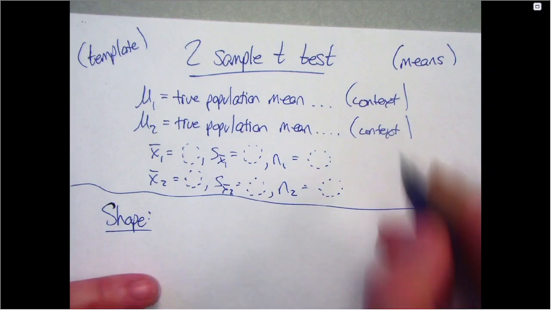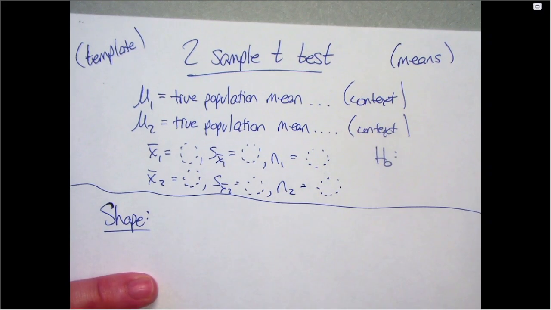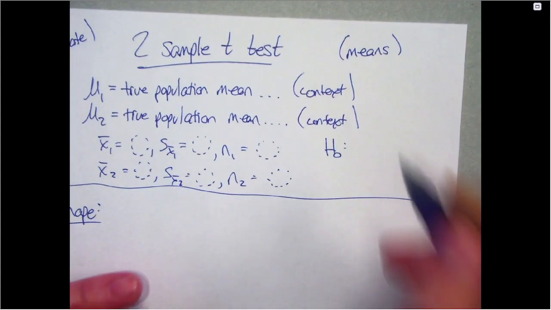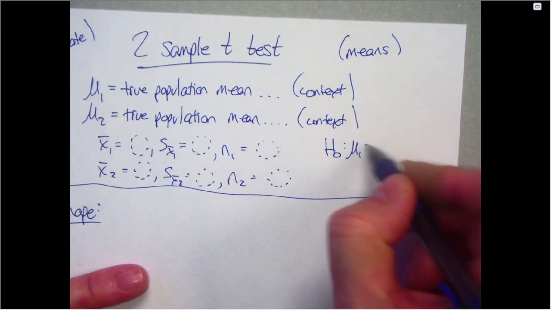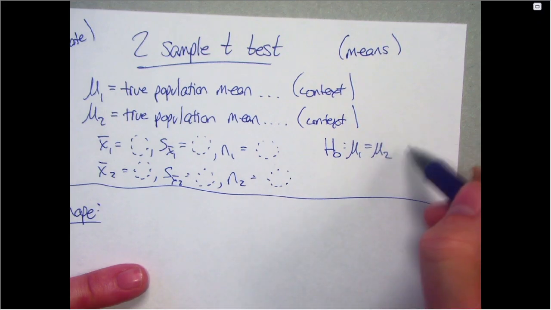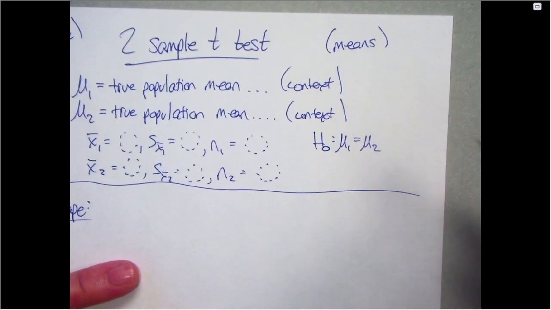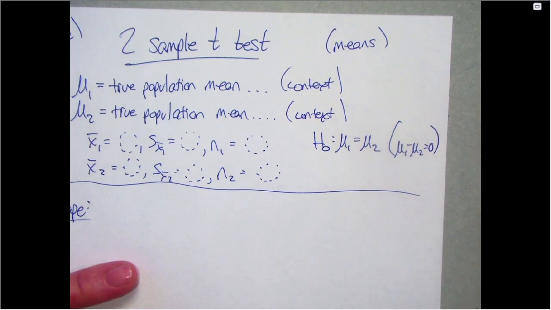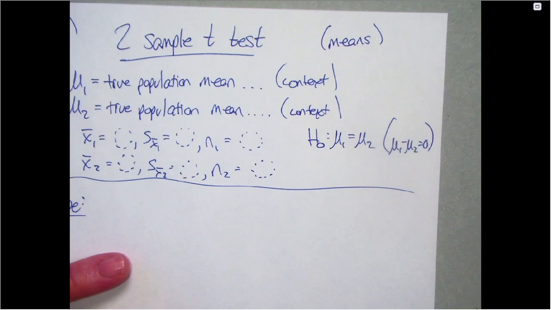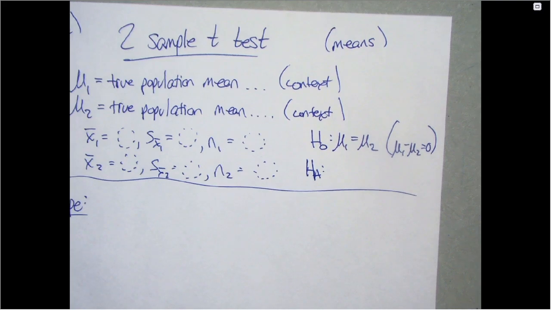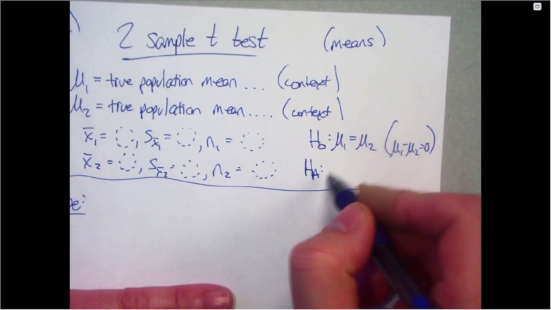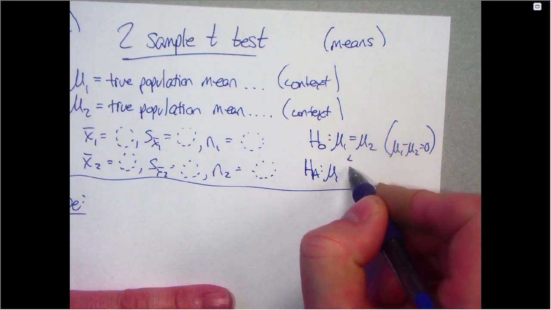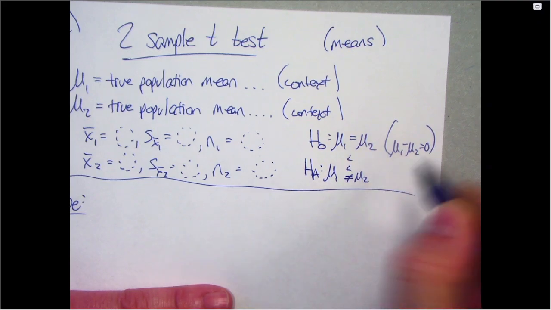So H0 is going to be mu1 equals mu2, or it might say mu1 minus mu2 equals 0, because those are the same thing. And then HA could be any of the 3 things. So it could be mu1 is less than, greater than, or not equal to mu2.